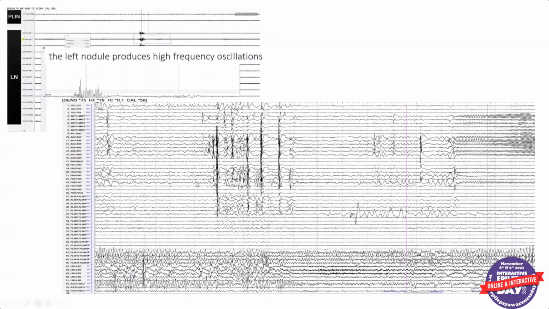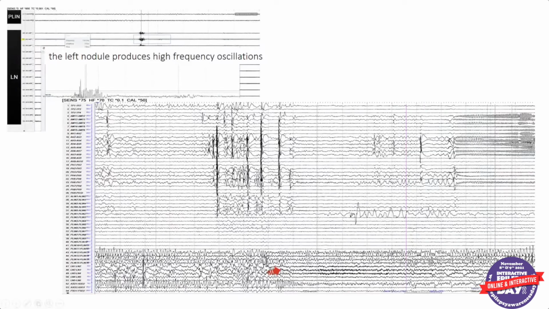So here is an EEG record of this patient's seizures. You can see the interictal spiking that was going on that we saw before in the hippocampus, but the seizure starts down here in the nodule where we also saw spiking. So here is definitive proof that the seizures are arising in the nodule in this particular patient.